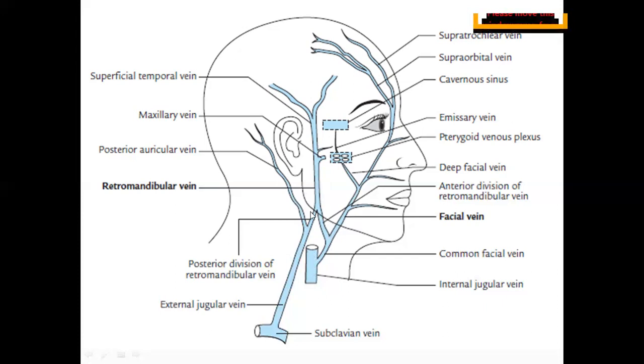Now coming to the posterior division of retromandibular vein, it joins the posterior auricular vein. The posterior auricular vein and posterior division of retromandibular vein, they drain into external jugular vein. The external jugular vein finally drains into subclavian vein.